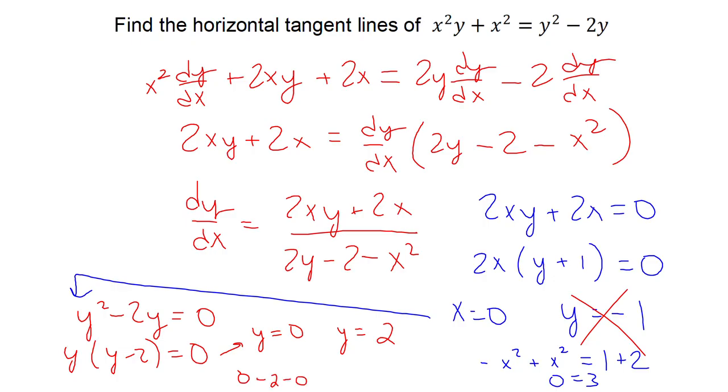Well, that's not equal to 0, so y equals 0 works. And if we plug x equals 0 and y equals 2 into the denominator of the derivative, we get 4 minus 2 minus 0, which is also not 0, and therefore y equals 2 also works. So we end up with 2 horizontal tangent lines for this first one: y equals 0 and y equals 2.